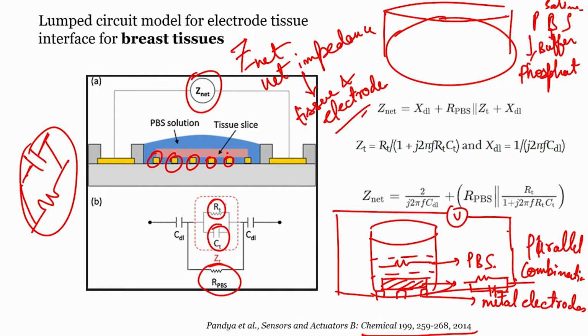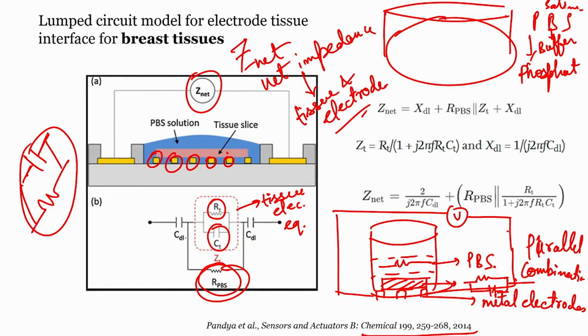And that is why, if you can see here, this particular part is the tissue electrical equivalent, and this is the PBS that is considered to be in parallel with the tissue.